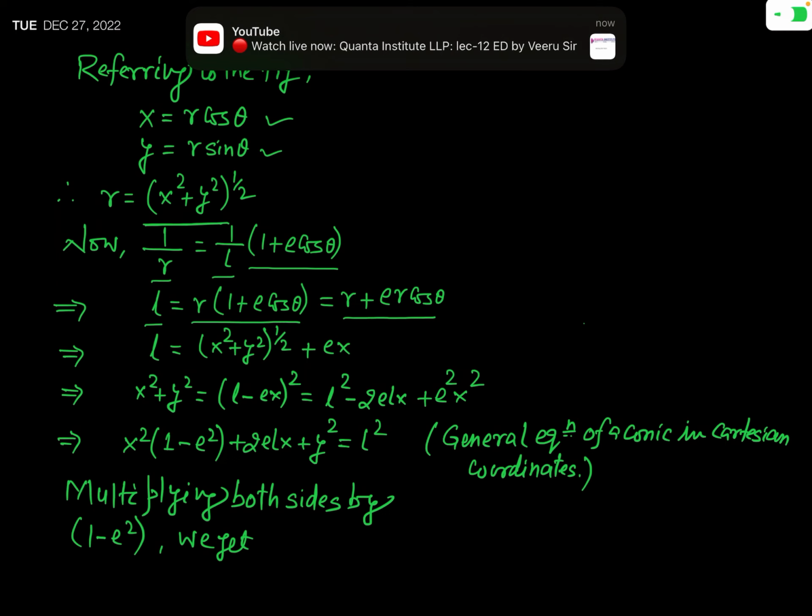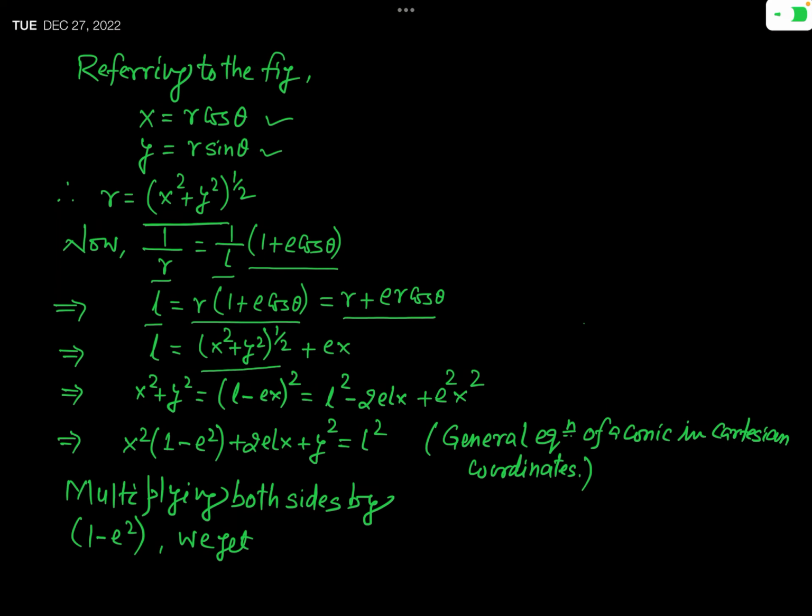Now, in place of r we write the square root of x square plus y square, and r cos theta is replaced by x. So you can see that L is simply equal to the square root of x square plus y square plus ex.